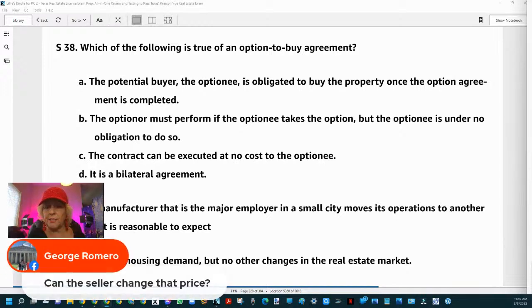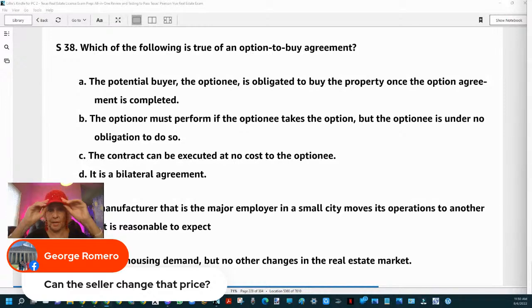Can the seller change the price? No. If the seller and the buyer agreed on a price today to sell it 2 years later for $300,000, the seller cannot change the price. Now, if the option period expires and the optionee did not exercise the option, yes, the seller can change the price because the option period changed. No, pardon me.